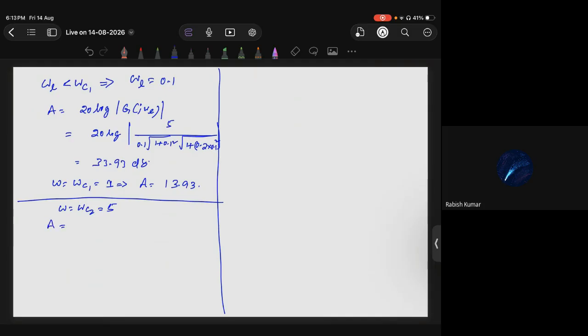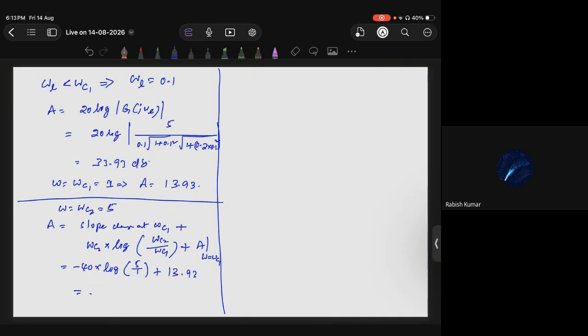A is equal to the slope change at omega c1 to omega c2 multiplied by log omega c2 by omega c1, plus A at omega equal to omega c1. That is nothing but minus 40 multiplied by log 5 by 1 plus 13.93. So that is about minus 14.02.